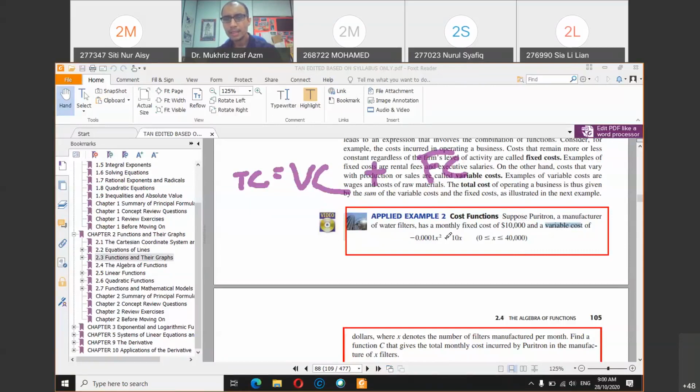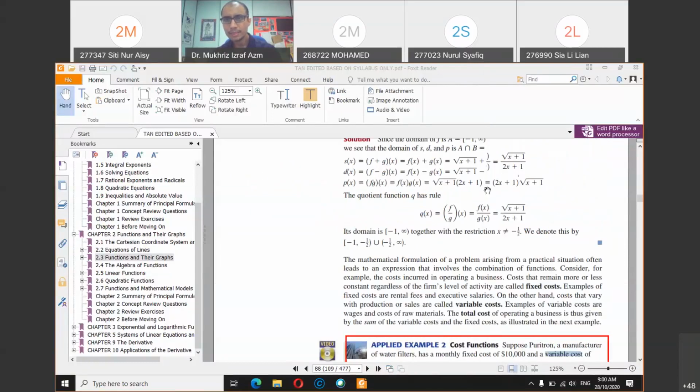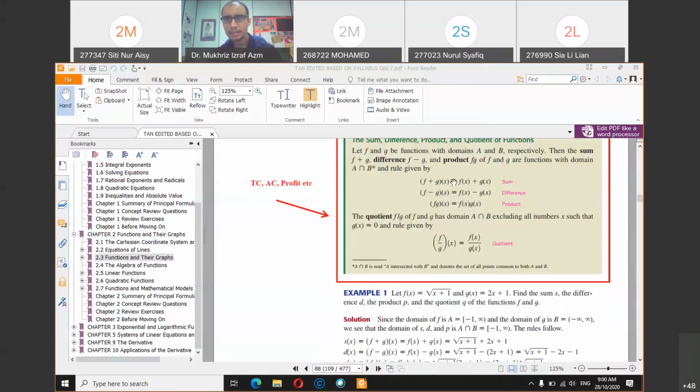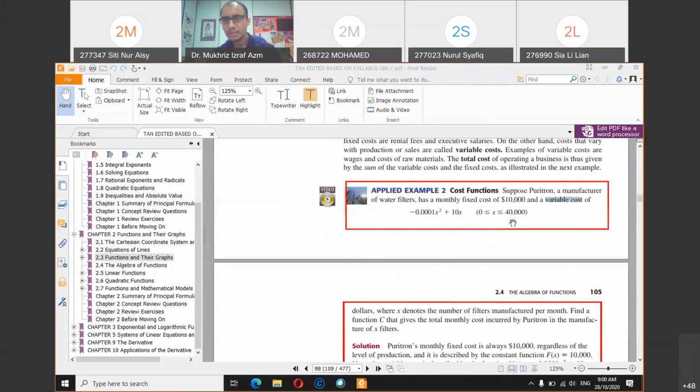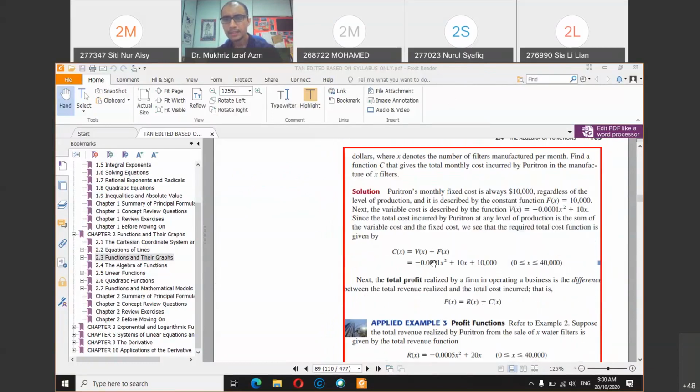So if you want to get the total cost function, you need to use the summation concept, which is f(x) plus g(x). So this is what this concept is about. You add the fixed cost plus the variable cost function, as we see here: VC plus FC, the variable cost plus the fixed cost.